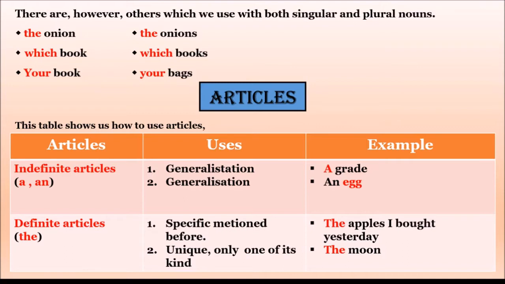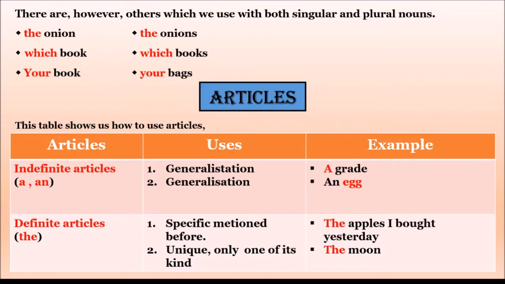So when coming to the articles a, an, and the, where they will be used, the is called the definite article. Why is it called the definite article? It defines its noun as something specific, like something previously mentioned or known, or something unique, or something being identified by the speaker.